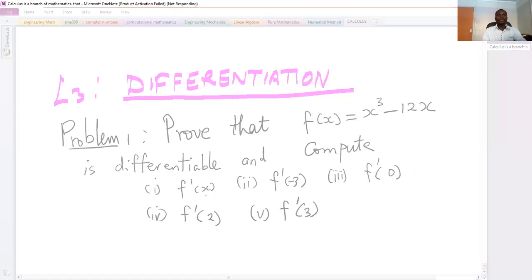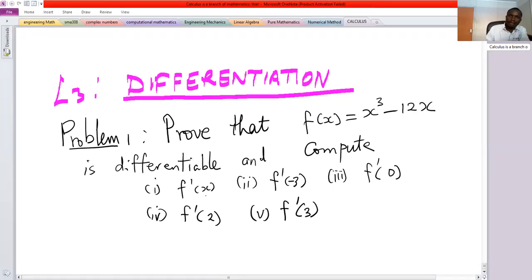Now, to show that a function is differentiable, we have to show that in the definition of a derivative of a function, that limit exists.